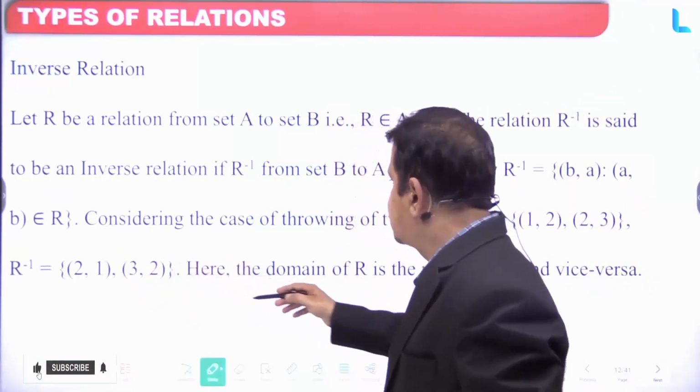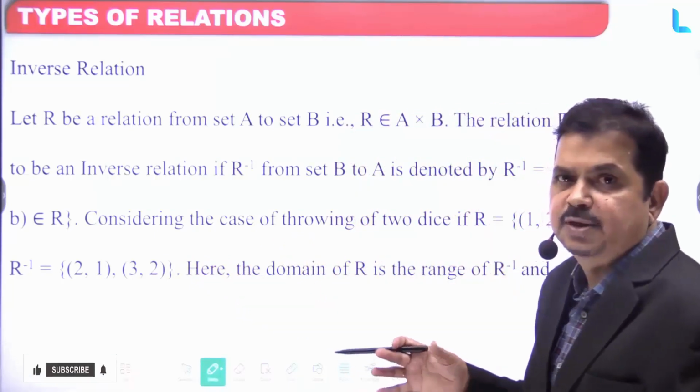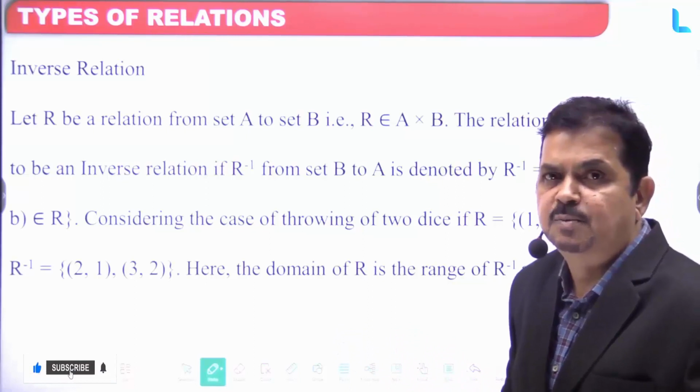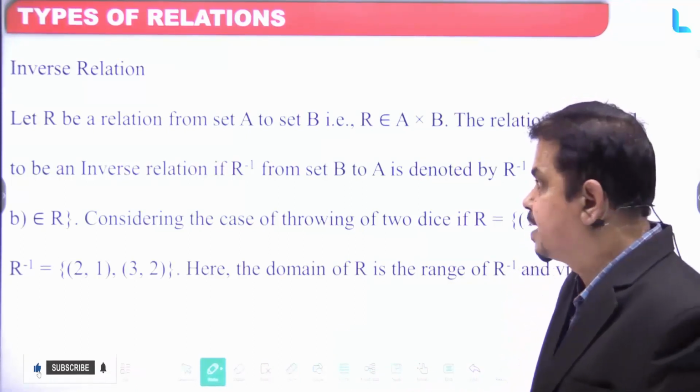Let us consider the case of throwing two dice. If we throw two dice, there are about 36 possible outcomes.